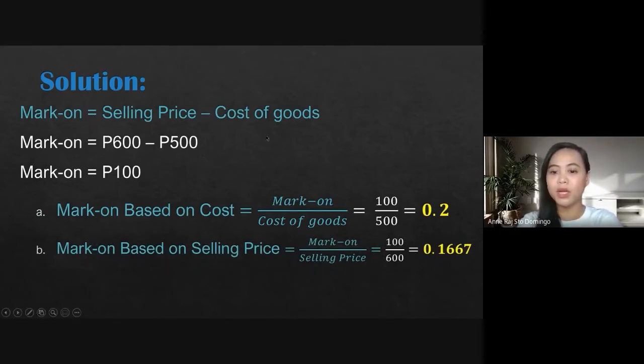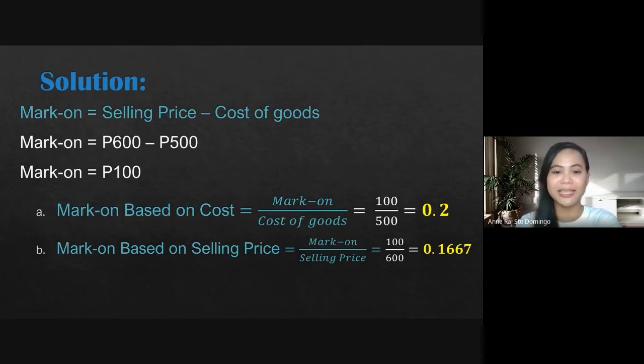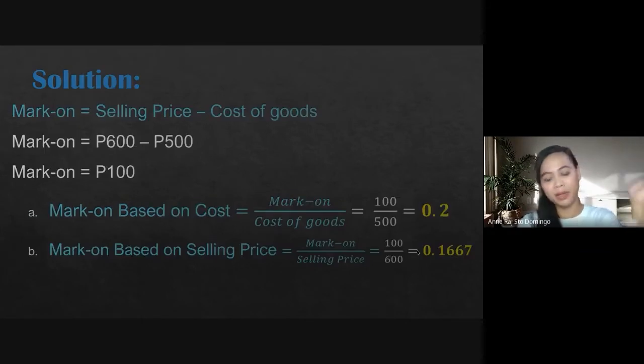So this time we have 100 divided by 600, which equals 0.1667, or in percentage, what is the percent? 16.67%. Yes, you just multiply by 100. Very good, Rhea. So now we know how to get the mark-on and the mark-on rate. So let's have another example.